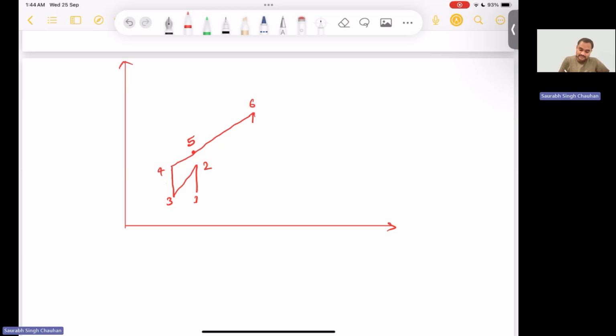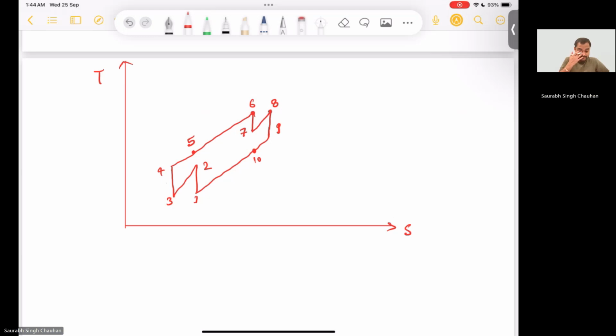Then 6 to 7 was the first turbine. Then 7 to 8 was another combustion chamber. 8 to 9 was the second turbine. Then 9 to 10 was the cooling of exhaust gases in the regenerator or heat exchanger. So this is our TS diagram.